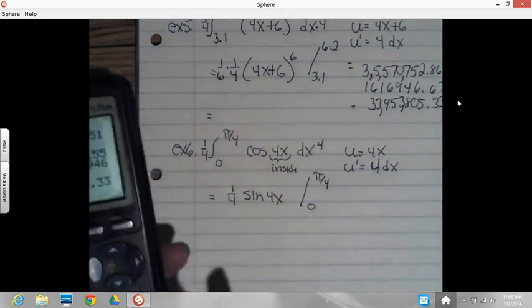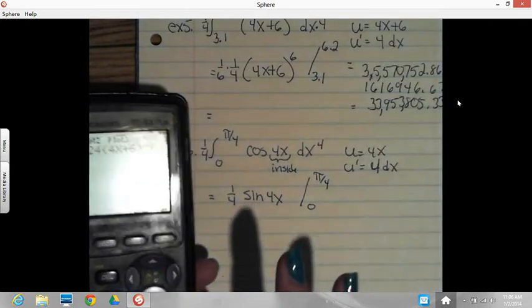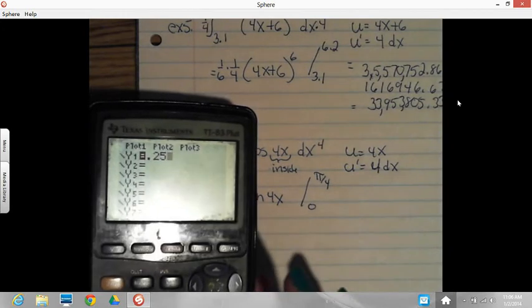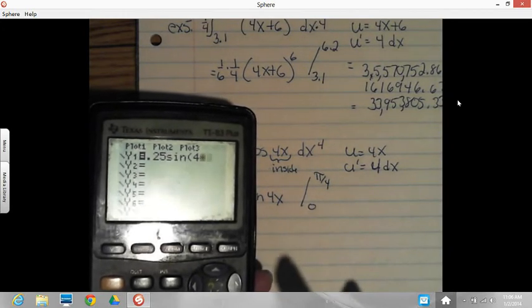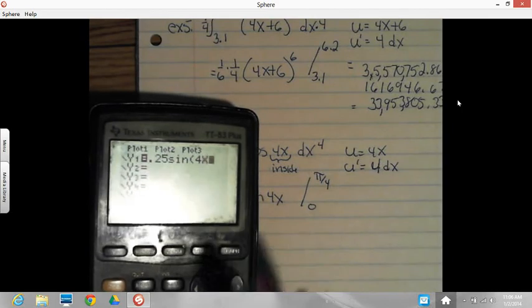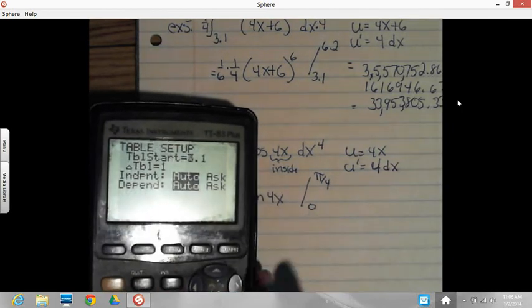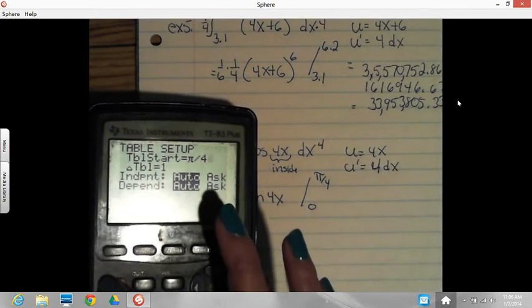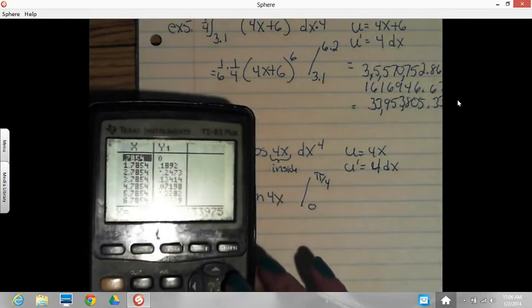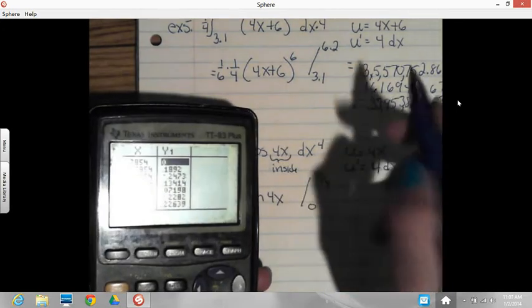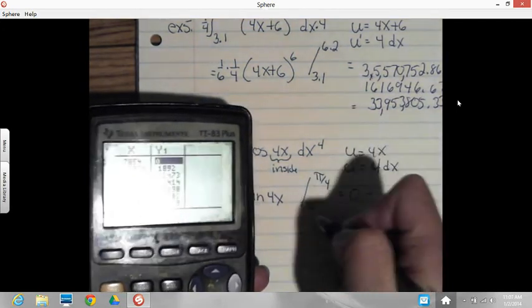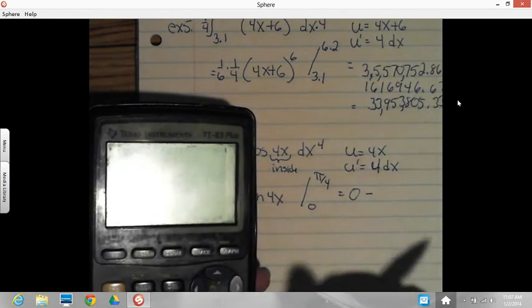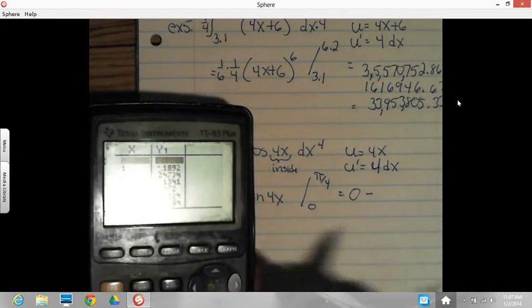So y equals 0.25 sine 4x, x pi over 4. Pi over 4 is a 0, minus plugging in the 0. 0. What the heck happened?